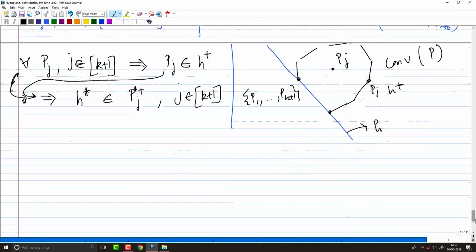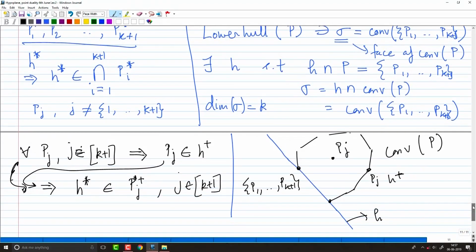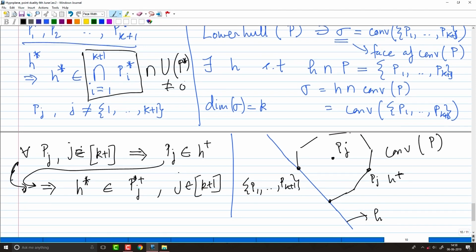So now we have this object, the intersection of these hyperplanes. In the proof, if you remember, since we have set it up in the general position assumption, if we can show that this intersection with the upper envelope of P star is not empty, we will be done. Why? This is something I mentioned at the end of last class.